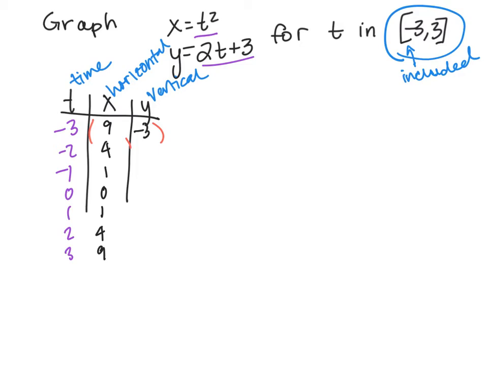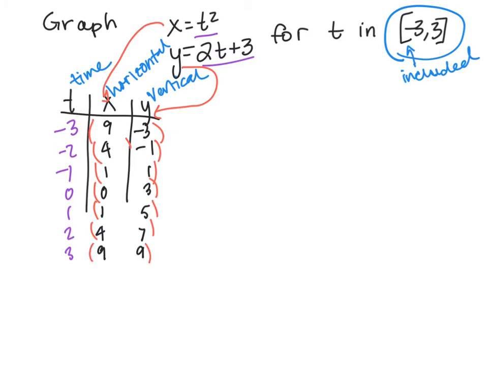If we plug -2 in, -1, so forth, till you have all of your values. So again, if you're not sure where those numbers came from, we use the x equation, plugged our t's in. We use the y equation, plugged our t's in. Now we have coordinates that we can graph.